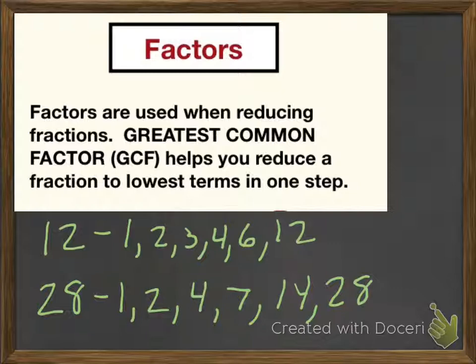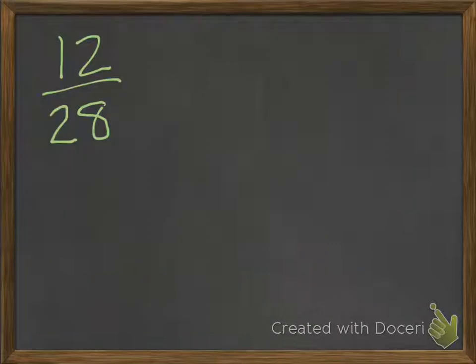Okay, so now just like before, I want to find the greatest common factor, or the highest number in this list that they have in common. And with a quick scan, I realize that 4 is the greatest common factor for 12 and 28. So now I have a fraction, 12 over 28.